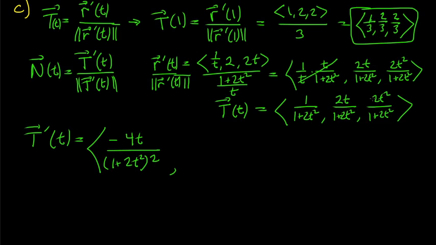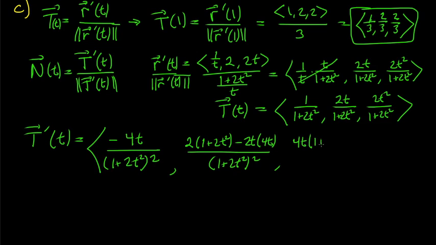Now it's going to be a bit more complicated. So denominator times the derivative of the numerator, minus numerator times the derivative of the denominator, again, over the same denominator squared. And for the third component, again, denominator times the derivative of the numerator, minus numerator times the derivative of the denominator.